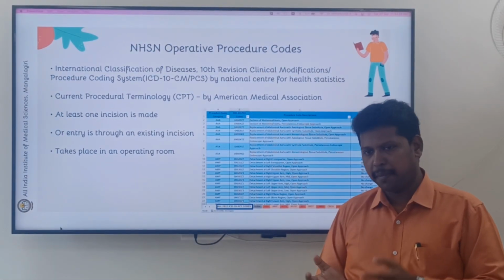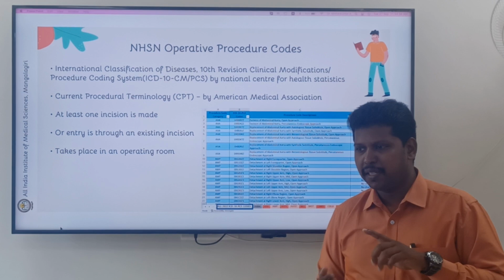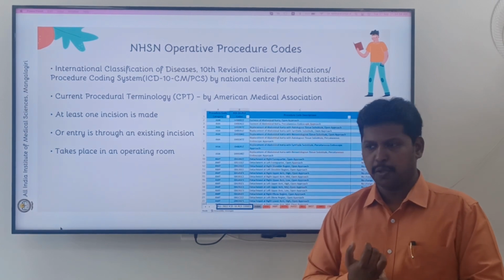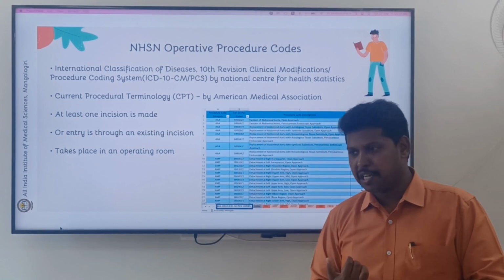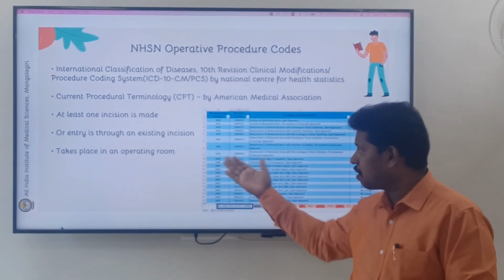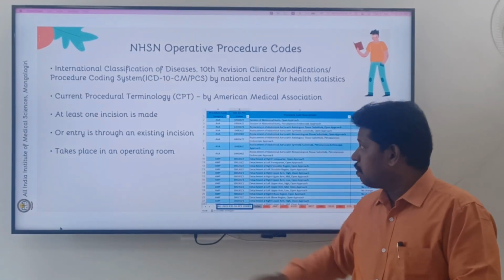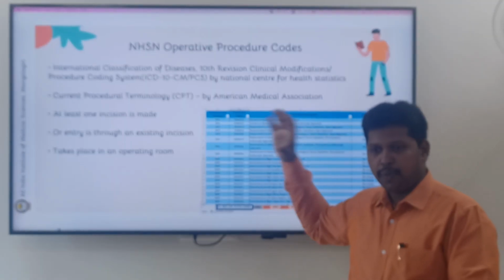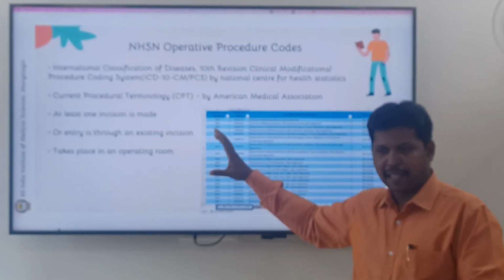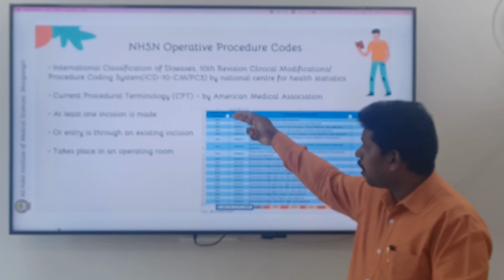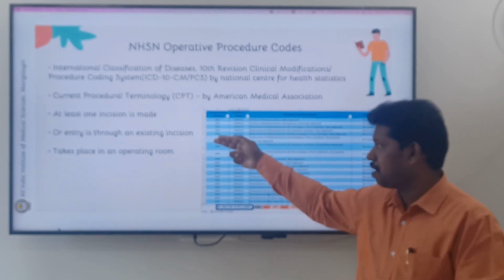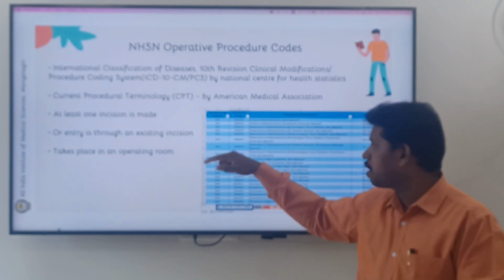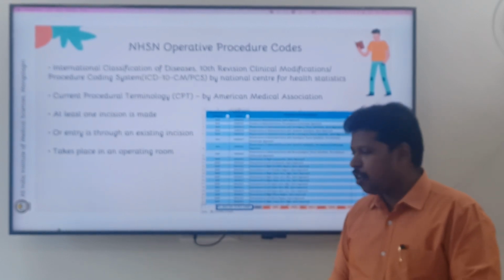An operating room can be a proper operating room, an interventional radiology procedure room, or even a cardiac catheterization room. So these are the criteria when you will suspect or think of SSI: it should fit any of the procedure codes, one incision should be made or re-entry through an existing incision, and it takes place in an operating room.